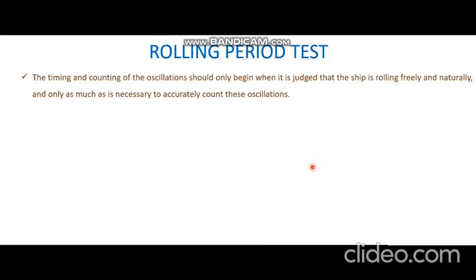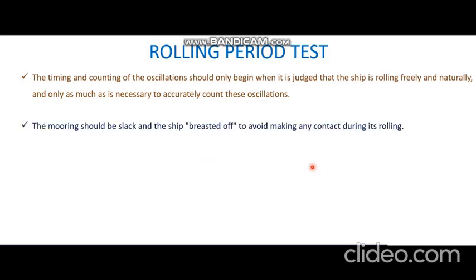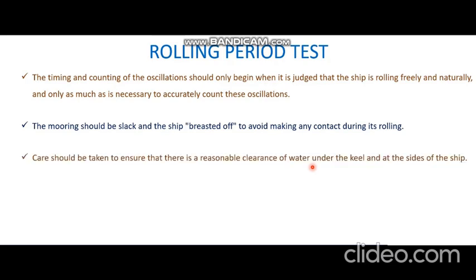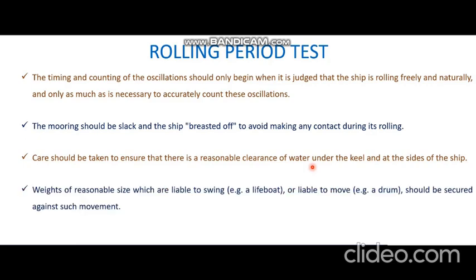The timing and counting of the oscillation should only begin when the ship is rolling freely and naturally, and only as much as necessary to accurately count these oscillations. The mooring should be slack and the ship breasted off to avoid making any contact in the rolling, because any contact will dampen the roll. Care should be taken to ensure that there is reasonable clearance of water under the keel on both sides of the vessel.